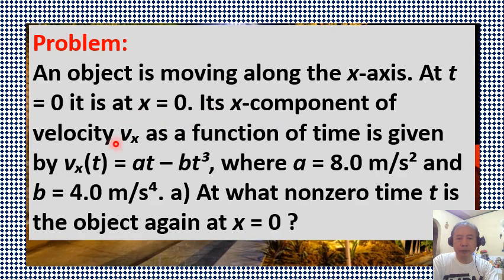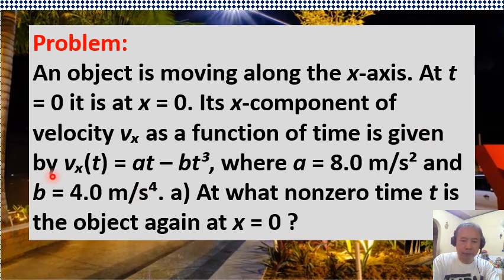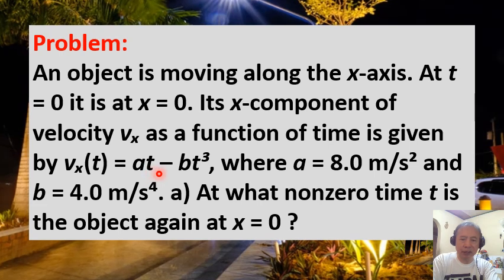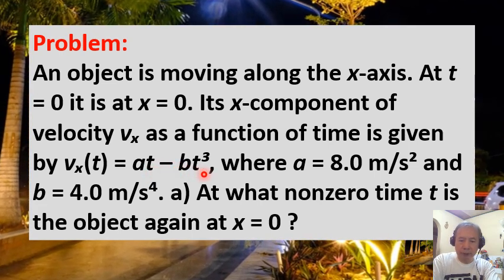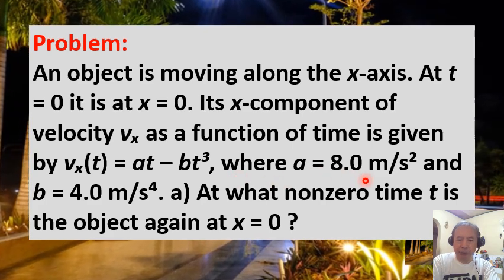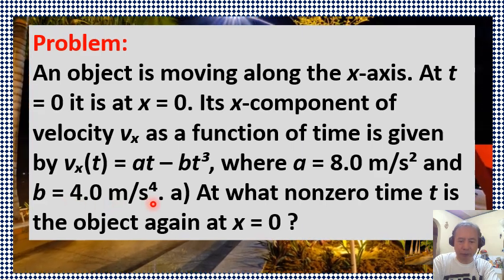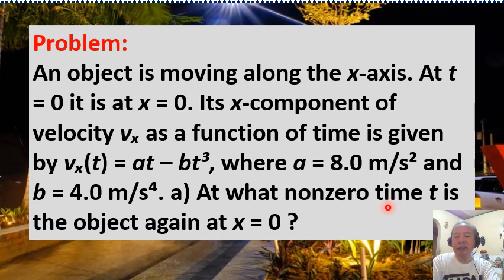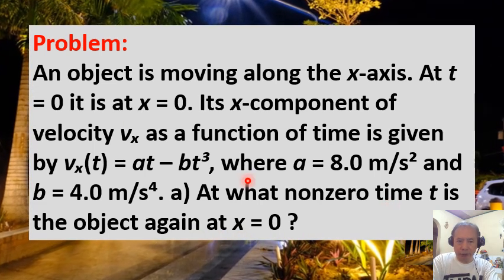Its x component of velocity Vx as a function of time is given by Vx equals a times t minus b times the cube of the time t, where a equals 8.0 meter per second squared and b equals 4.0 meter per second to the fourth power. Question letter A, at what non-zero time t is the object again at x equals 0?